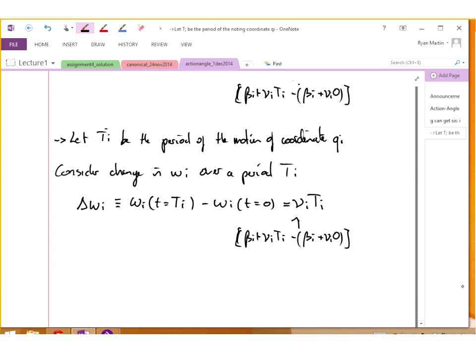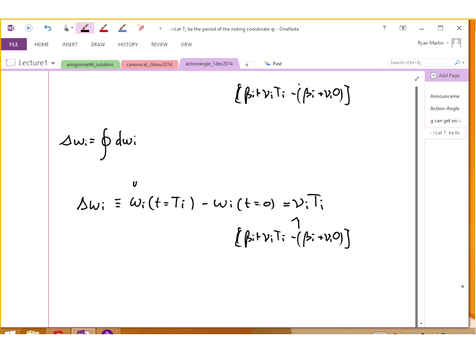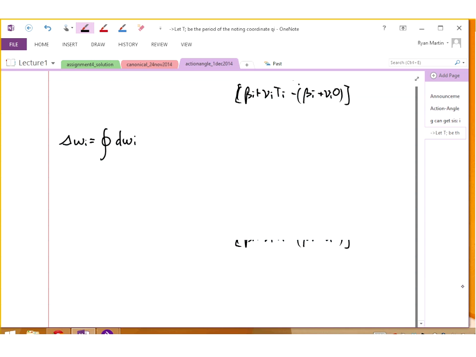So the other way to calculate delta Wi is to say, let's take the integral over one period and integrate dWi, the differential Wi. Okay, so that's the other way to calculate delta Wi.